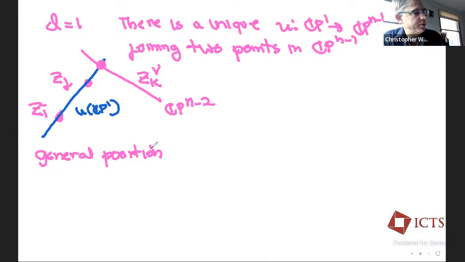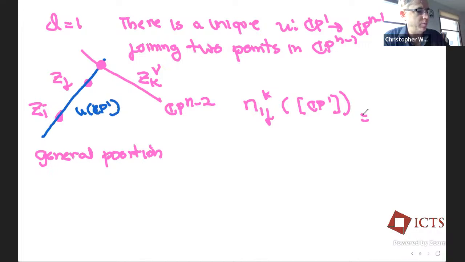So then this picture tells you that in this case, Nijk of beta, well, it's a degree 1 map, so the homology class beta will just be the homology class of the standard line in CPN minus 1. And so I just get 1 here.